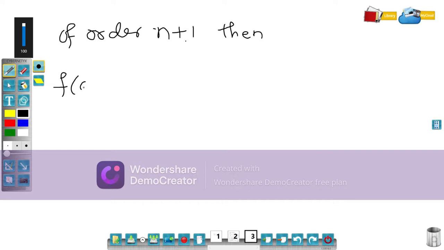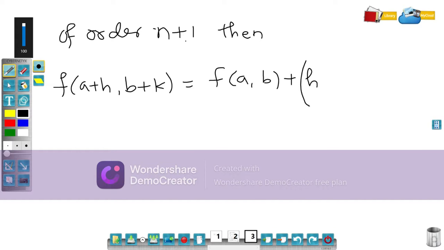f of (a plus h, b plus k) is the same as f of (a, b) plus (h times dou by dou x plus k times dou by dou y) f at (a, b). So you may take this f inside, that is h times dou f by dou x plus k times dou f by dou y.